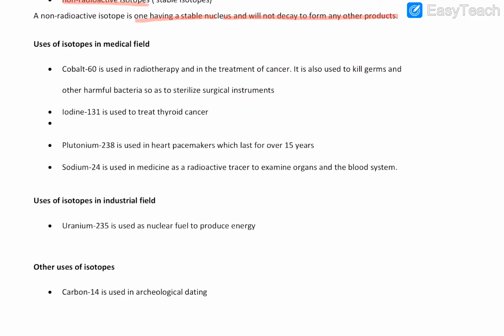Uses of isotopes in the medical field: you need to know uses of cobalt-60 in treatment of cancer and radiotherapy, to kill germs and bacteria, iodine-131 to treat thyroid cancer, plutonium in heart pacemakers, and sodium-24 as radioactive tracer.